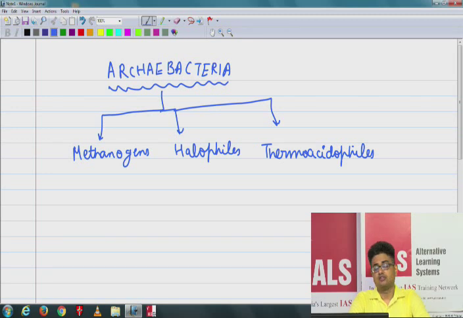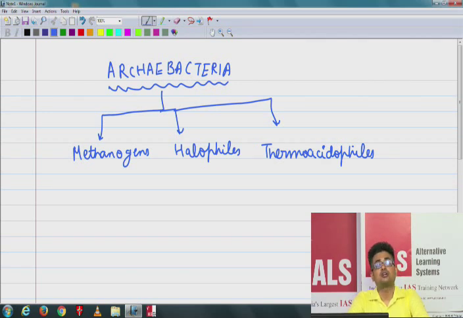If you drop a bone into it, the bone will be dissolved. If you drop a piece of skin, it will be dissolved after some time. It's a very strong oxidizing agent, a very strong substance. So in this sulfuric acid lake environment, some bacteria are able to survive.